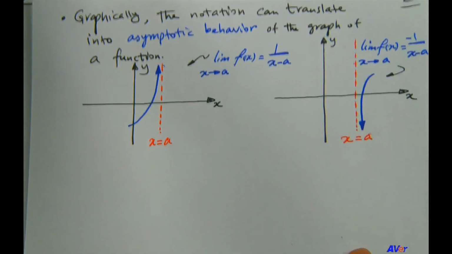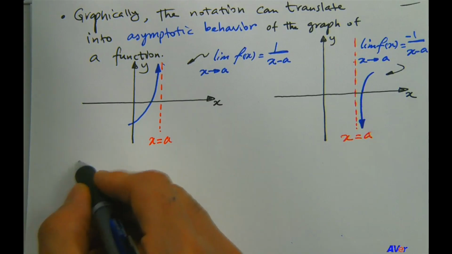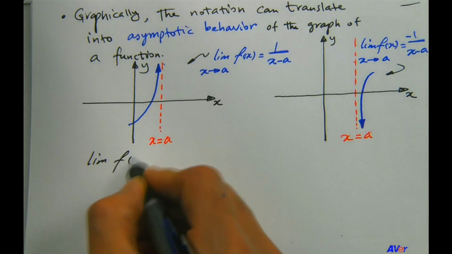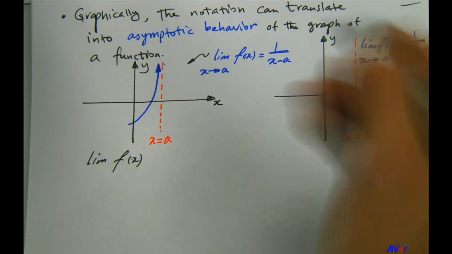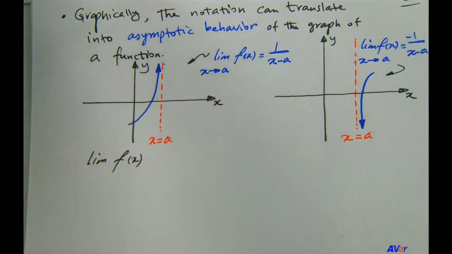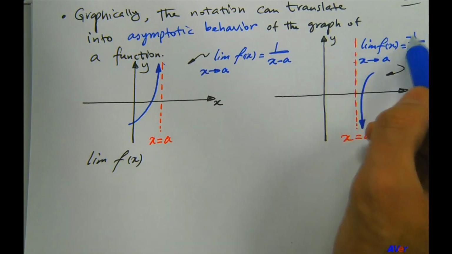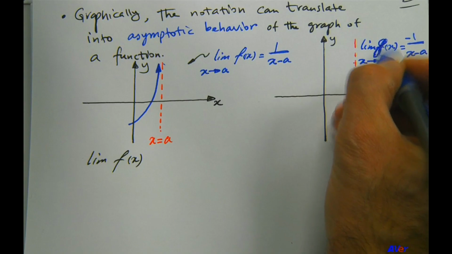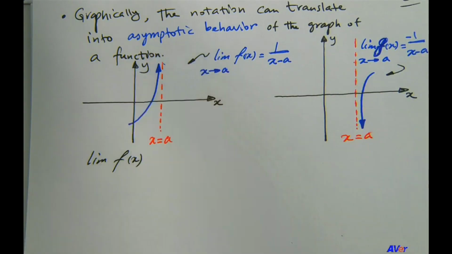Okay, so we can actually express that more precisely like this: limit of function f of x. Maybe I should have called this g of x just to distinguish, because they're slightly different. This is 1 over x minus a, and this is minus 1 over x minus a. So let's call this g of x, and that one f of x.